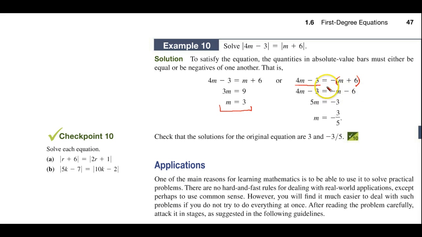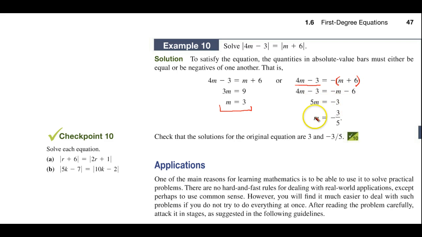A negative m to this side makes it a positive m. 4m plus 1m is 5m. Getting ahead of myself. Bring that negative 3 over. On this side becomes a positive 3. Negative 6 plus 3, negative 3.